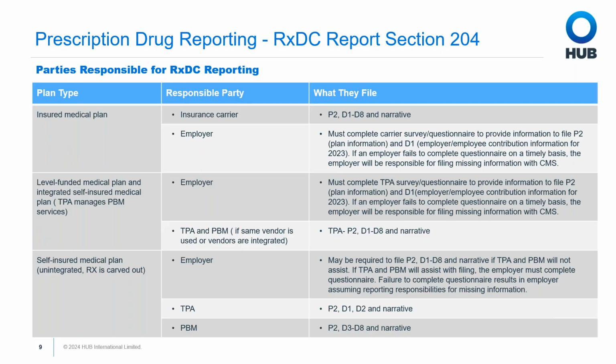The TPA may send you a questionnaire asking you to complete certain records that they will need to file the P2 and D1 reports. If you are working with a PBM, which is handling your pharmacy, you will most likely be also required to work directly with that PBM to ensure that you complete their questionnaire, as they will need to file P2, D3, and D8, and most likely the narrative on your behalf.